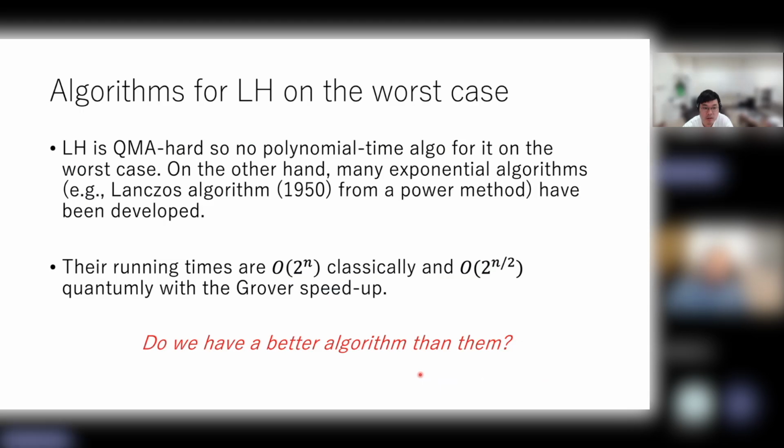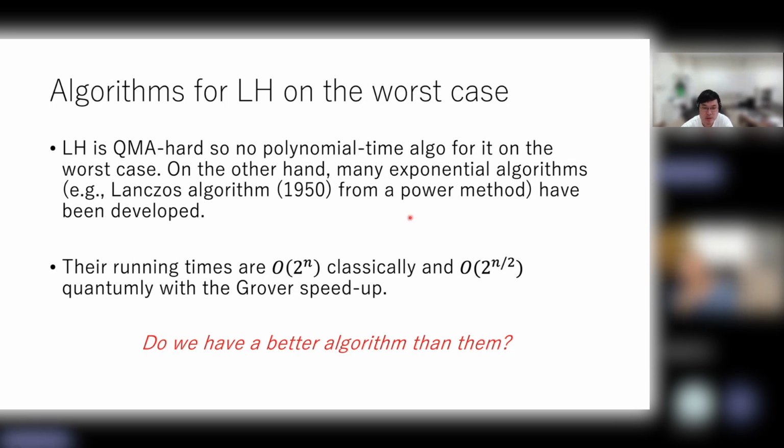Okay, so as I said, the local Hamiltonian problem is QMA-hard. So basically there is no polynomial time algorithm under standard assumptions. On the other hand, there are many studies on exponential time algorithms for the local Hamiltonian problem.